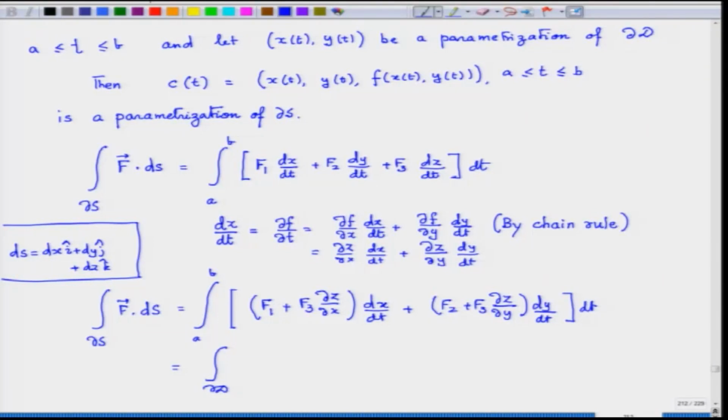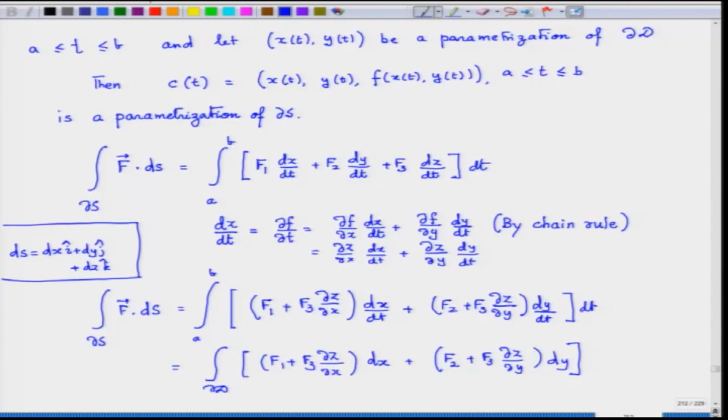So this is now written as f1 plus f3 del z del x dx plus f2 plus f3 del z del y dy. So this is the form of Green's theorem, P dx plus Q dy.